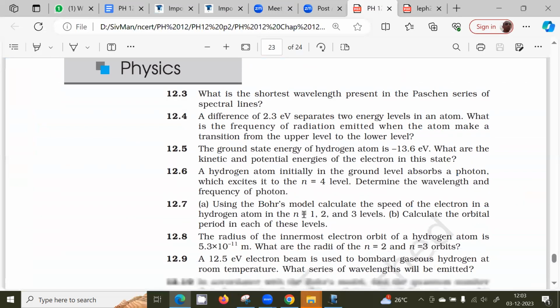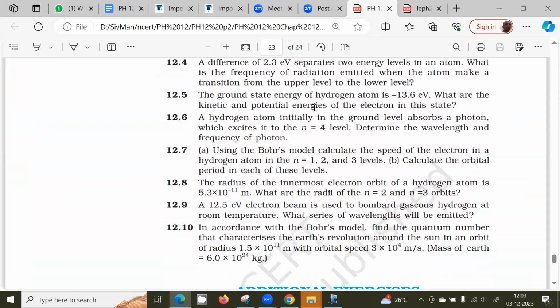12.4, 12.5, the ground state of energy. And what is the... So this is another simple concept.